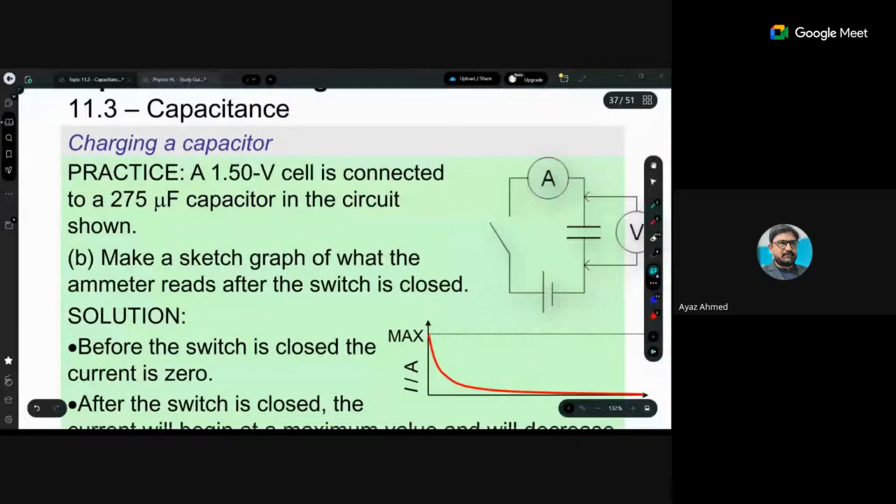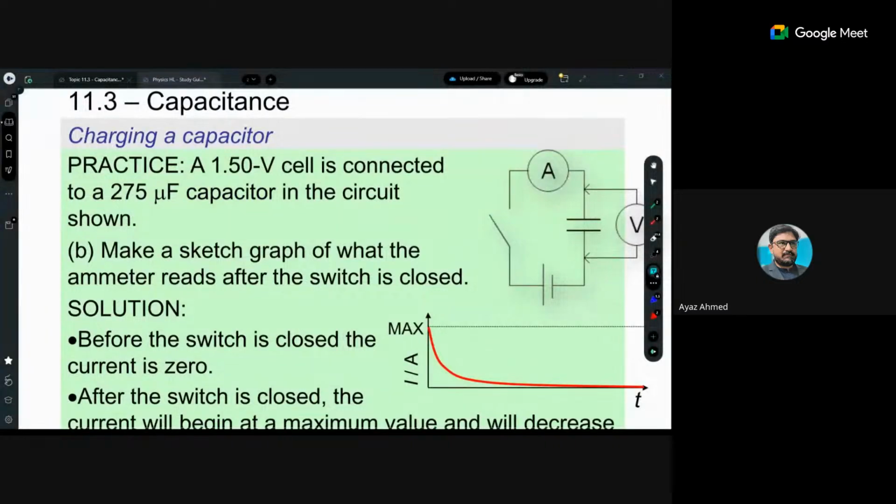Okay. Similarly, when you remove the battery, what would happen to the charge stored on the capacitor? So you will have the current like this.